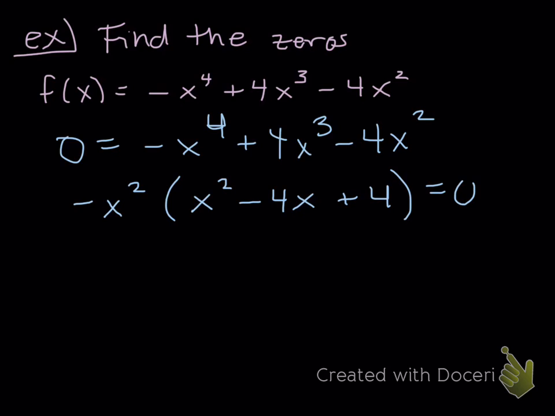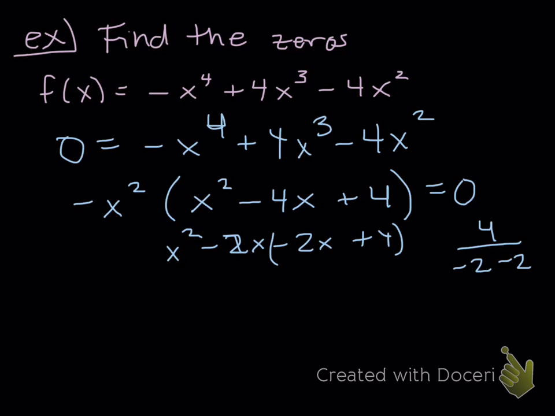equals 0. And now I can factor this second quantity, so I figure out numbers that multiply to be 4 and add to be negative 4. So that's a negative 2 and a negative 2. So my box people, there's your combination. My groupers, you're going to split it up with a minus 2x minus 2x plus 4.